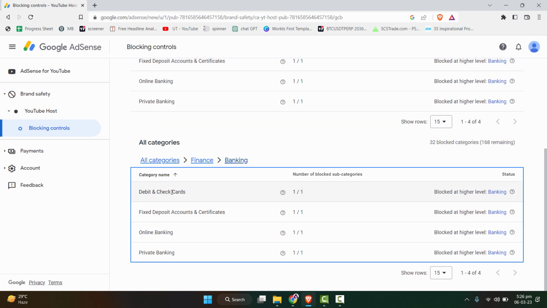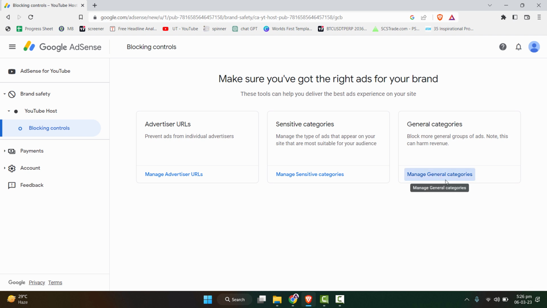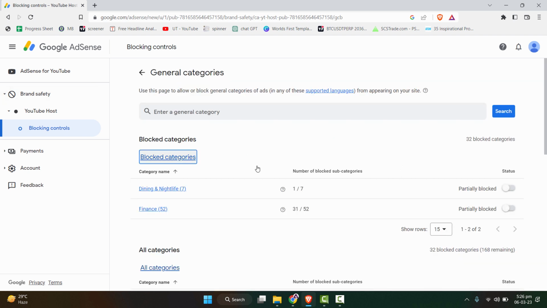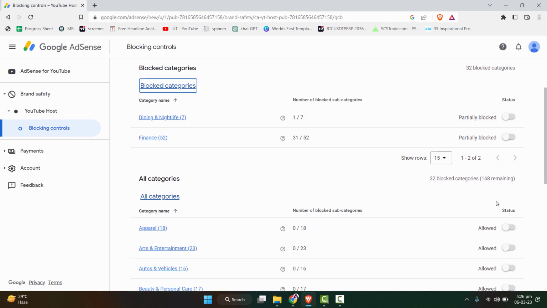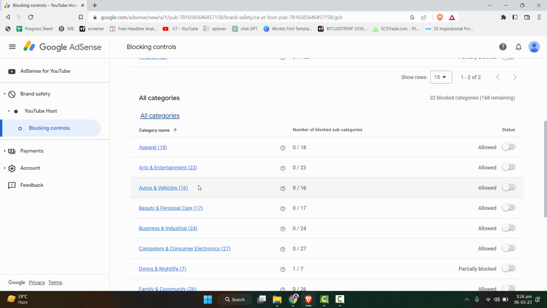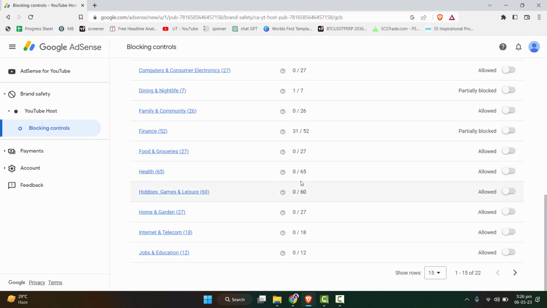Carefully observe that. I believe most of them are interest-based systems, so I blocked it totally. But if you have some other things to consider as well, you can base your decision on that. So finance is partially blocked, banking is totally blocked.